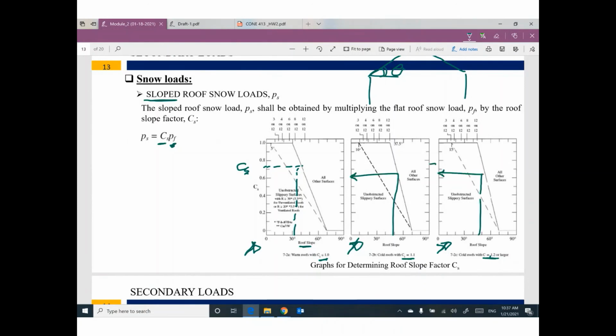Multiply CS by P_f, and I can get the snow load on the sloped roof.